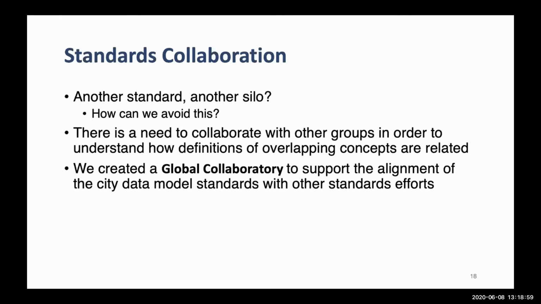What I mean by this is we're creating a standard to address the challenges that we're facing with data silos, but how can we avoid creating yet another silo that restricts data within the realm of transportation planning? So there's really, I think, a big need to collaborate with other standards groups in order to understand how the definitions that we're creating relate to definitions of overlapping concepts in other domains.